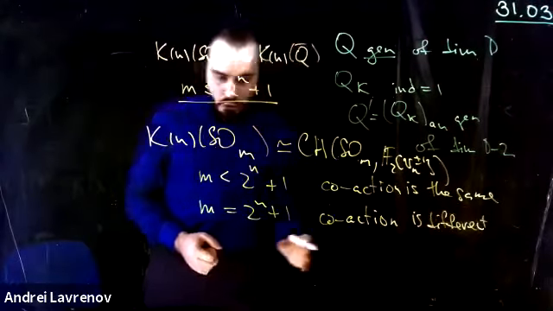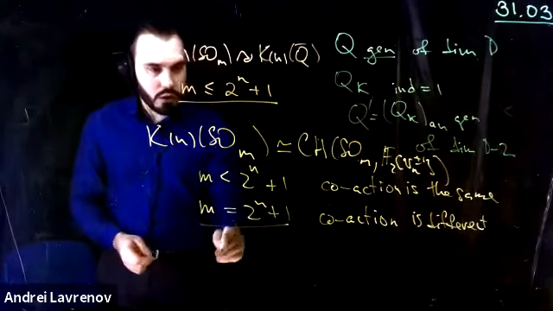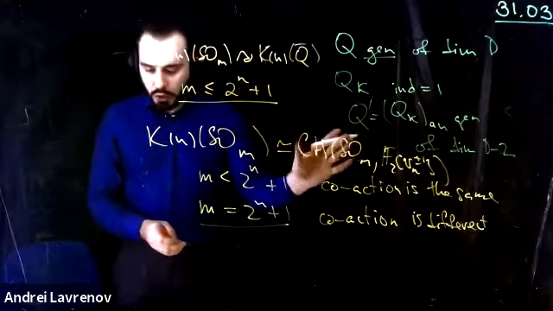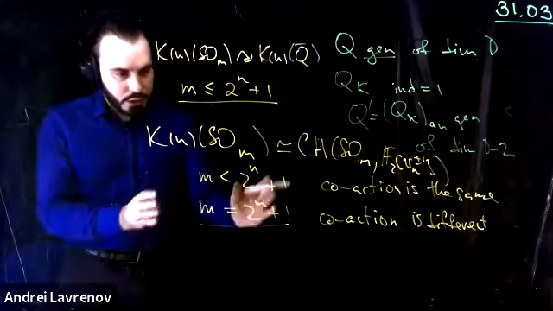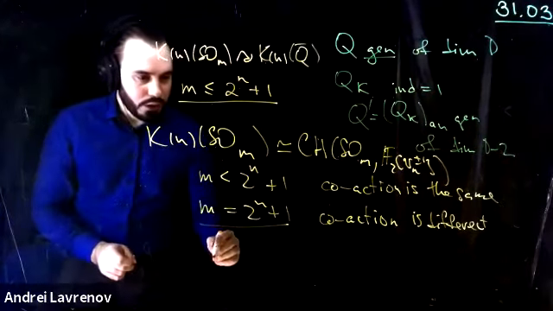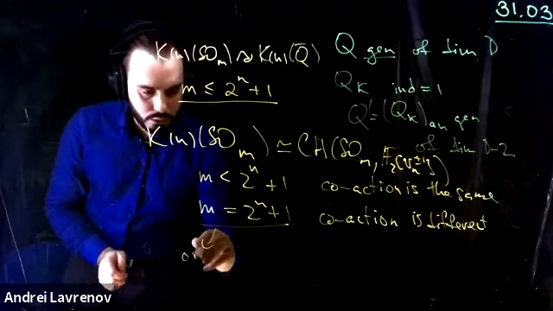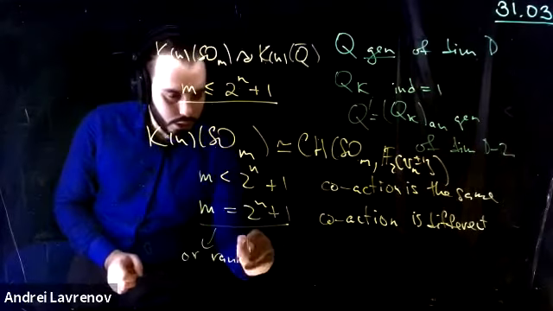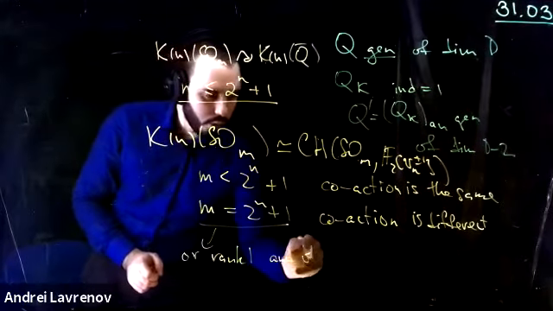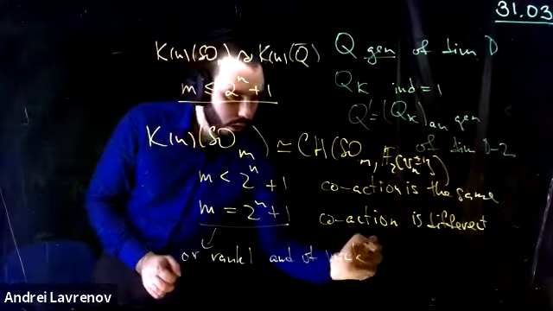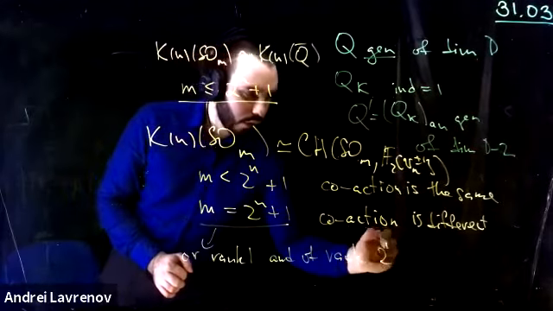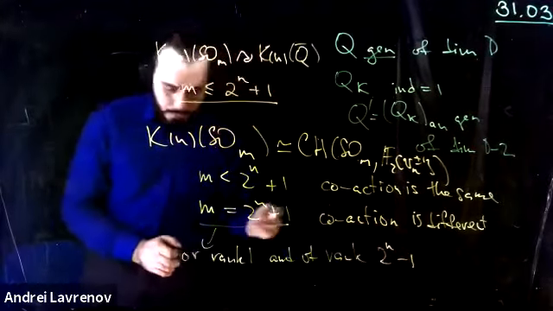This, in fact, shows that in this range, Chow motive is indecomposable, but a Morava motive decomposes into parts of rank 1 and of rank 2n minus 1.